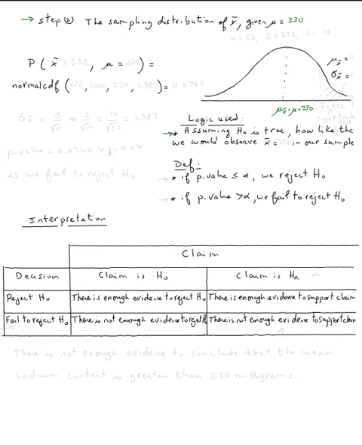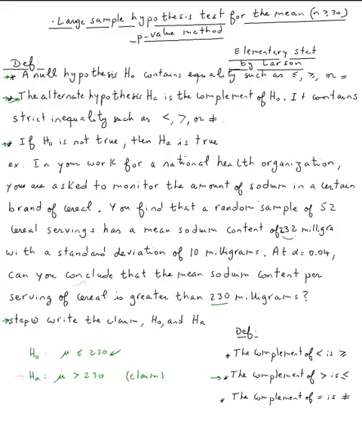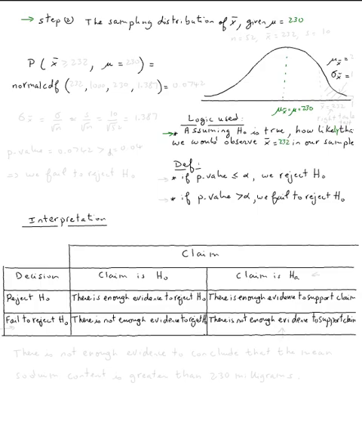The logic is, assuming H sub 0 is true, how likely is it that we would observe X bar equal to what we got from our random sample of 52? So this is the X bar, 232. X bar equal 232 milligrams.